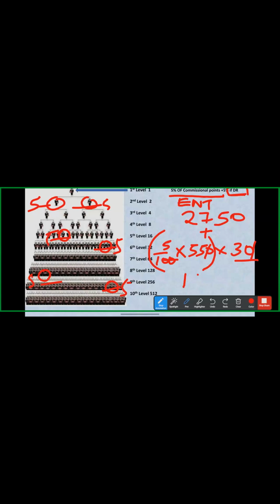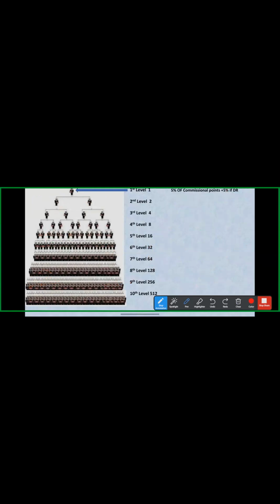Up to here, does anyone have a question? All right. If I'm not wrong, it should be like 825. So these two will be added. This is what you are getting for stair step. 2750 plus 825.